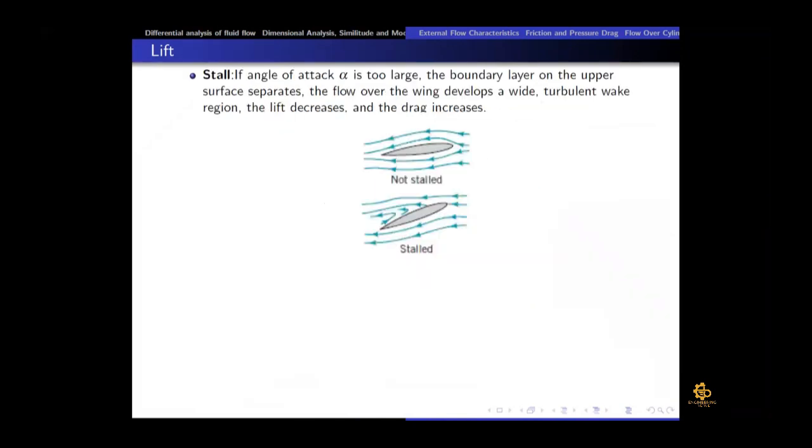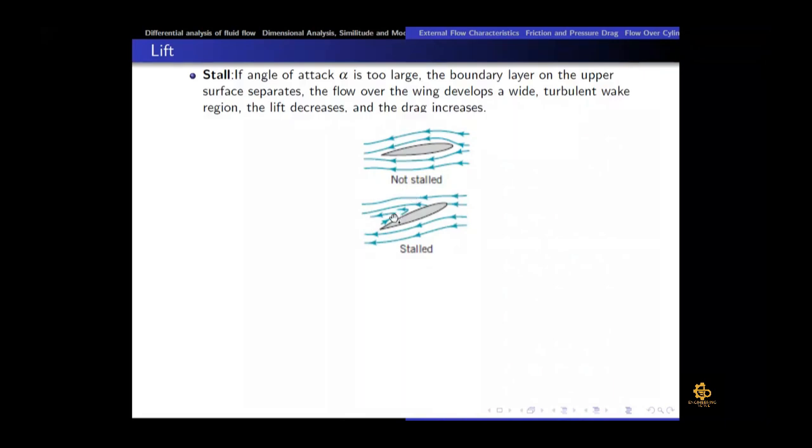Okay, so then there is a condition of stall. That is a very interesting area. If we increase the angle of attack very high, now the flow is coming from right to left. In the first figure, the angle of attack is not very high. But if we make it very high, it means that we make the aeroplane vertical, then there would be a huge separation region at the back end.